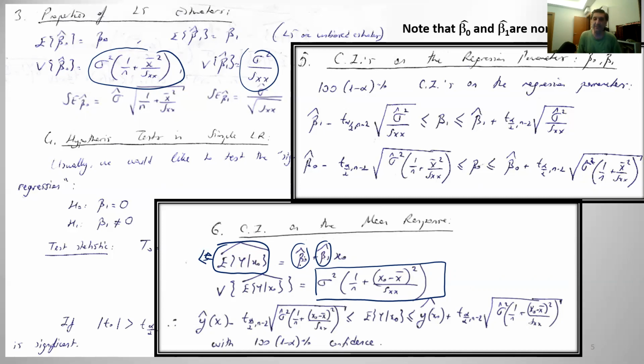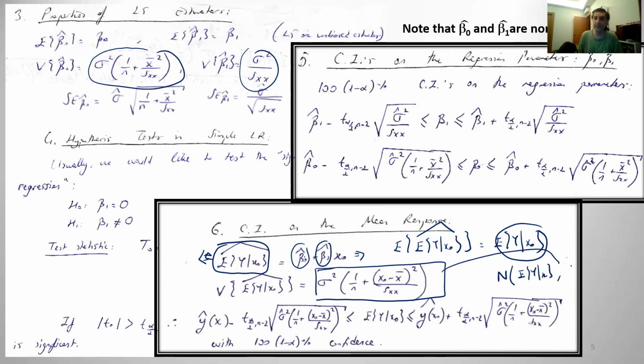And the expected value here, actually that's an interesting quantity, the expected value of the predicted value, or the estimated value of this one, is going to be equal to expected value of y given x0, which is the true parameter value. So this quantity will be normally distributed around the true parameter value, and with this variance. So this is how this statistic is distributed.